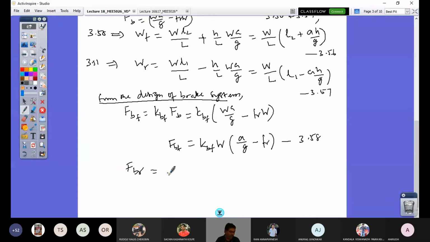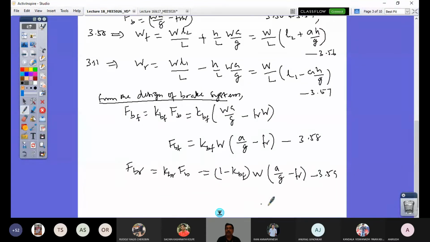So FBR is going to be KBR into FB. So KBR is what? It is 1 minus KBF, into FB. So I would have here again an expression W into A by G minus FR. That's my 3.59, right?